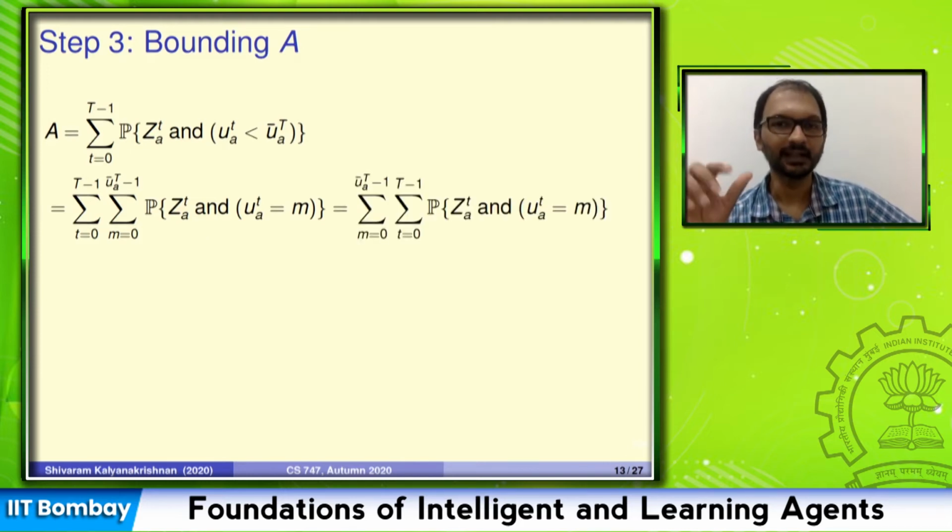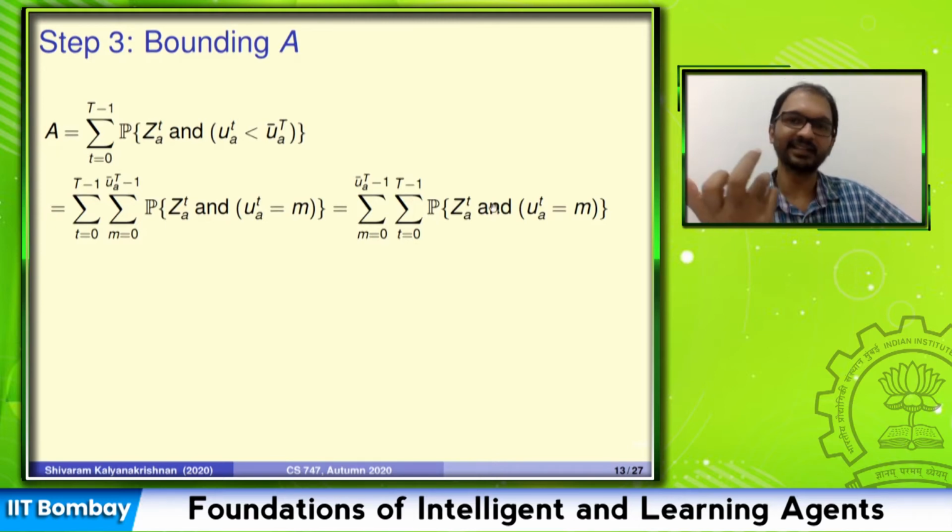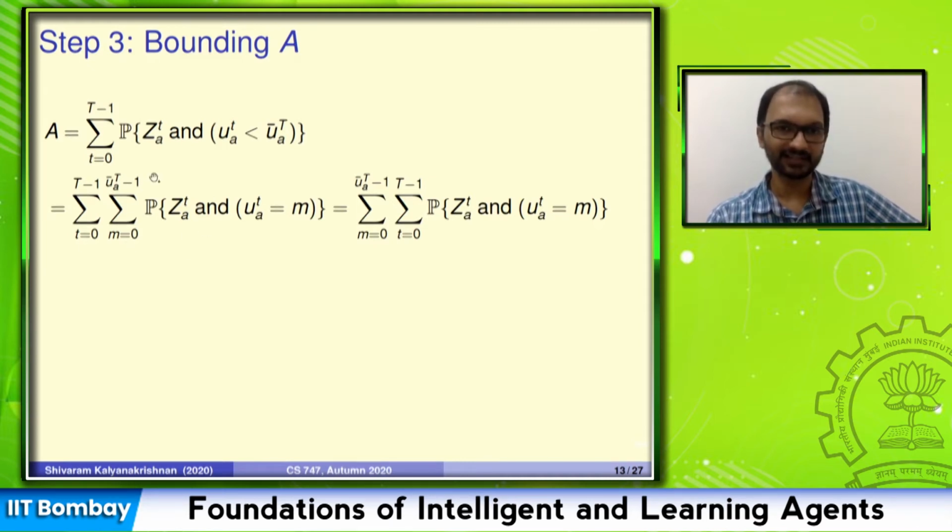Now, the next step is just interchanging the sequence of these sums. Here we summed over T and then over M. This thing depends both on T and M, but you can also do it the other way around: first summing over M and then summing over T.